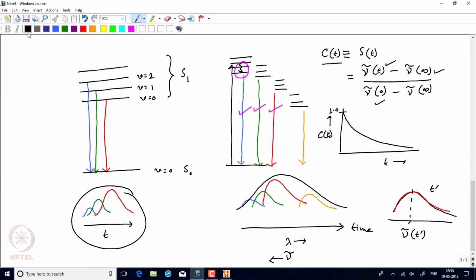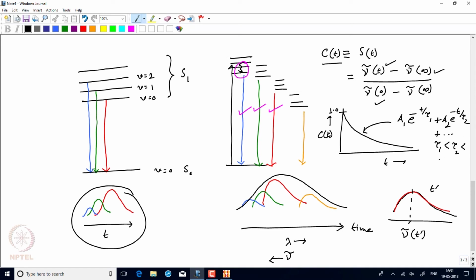So what I'm saying here is that this entire curve we can write as several time constants: a1 e to the power minus t by tau 1 plus a2 e to the power minus t by tau 2, and suppose that tau 1 is smaller than tau 2 and so on.